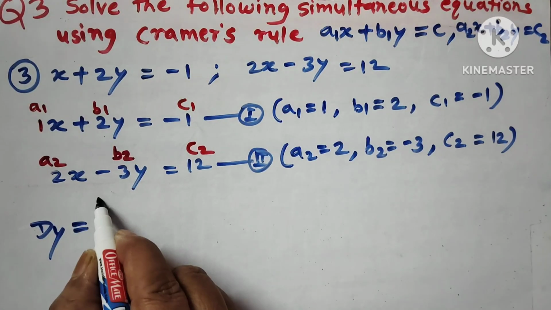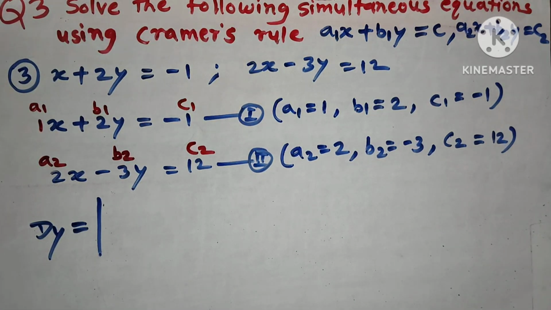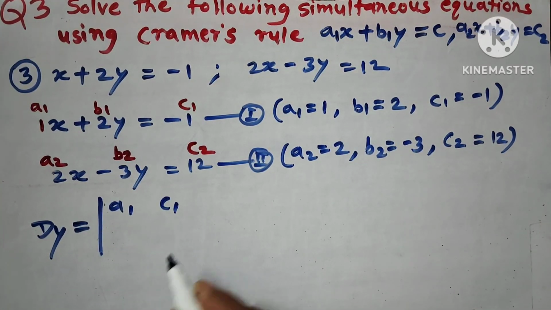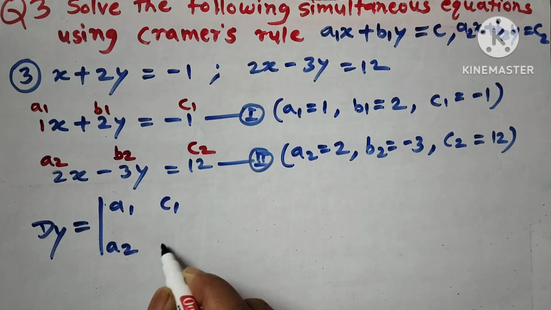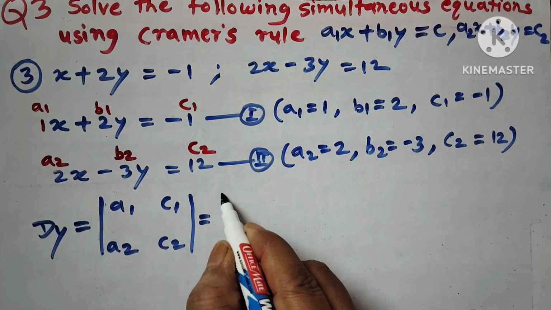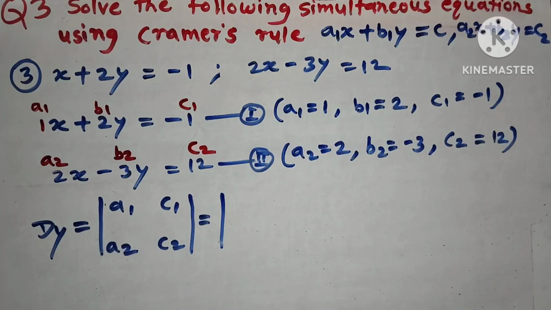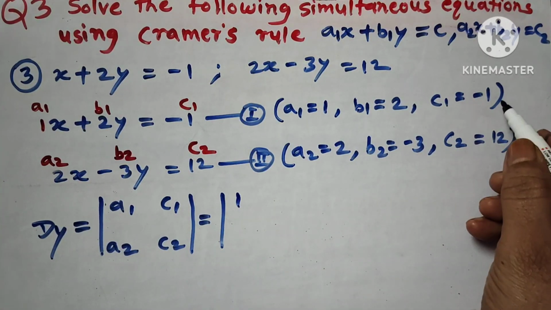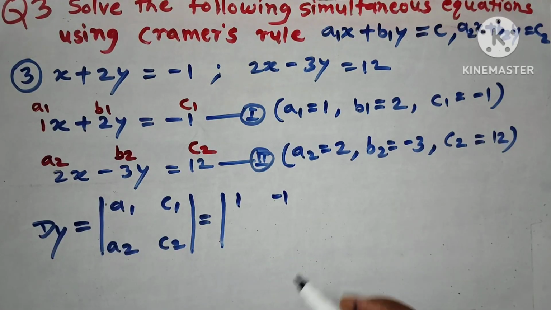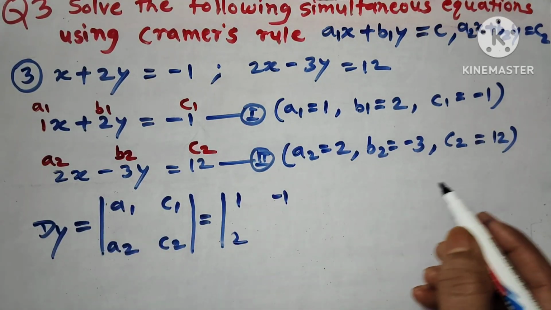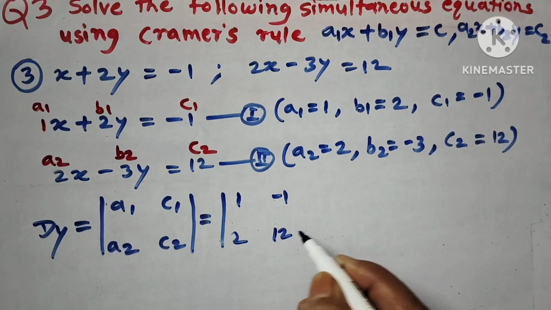Dy is equal to the determinant of a1, c1, a2, c2, which is a1 = 1, c1 = -1, a2 = 2, c2 = 12.